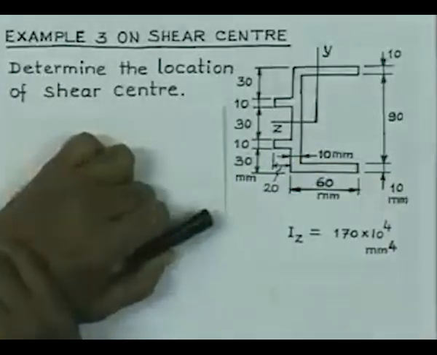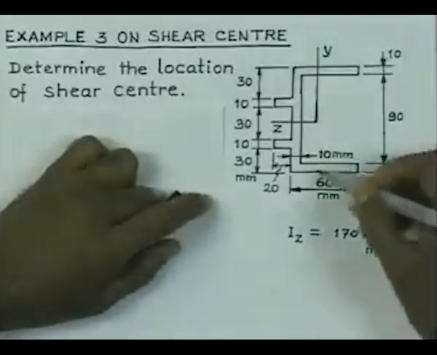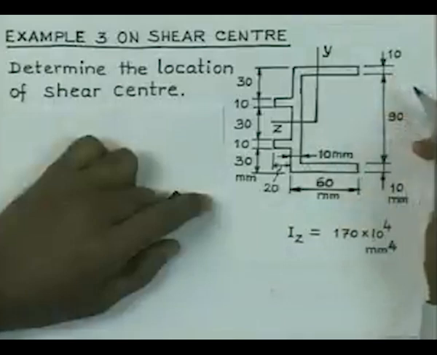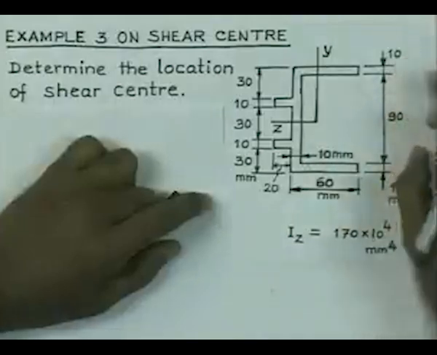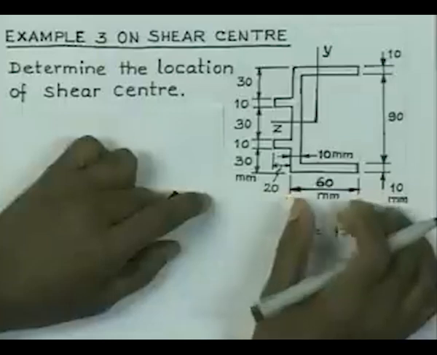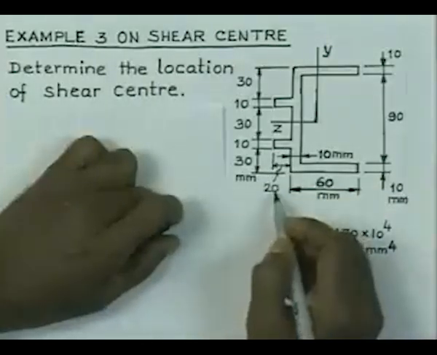It is not exactly a C type section, and wall thickness everywhere is 10 millimeter, and this height is 110, and this is 60, and this flange length is equal to 20 millimeter.